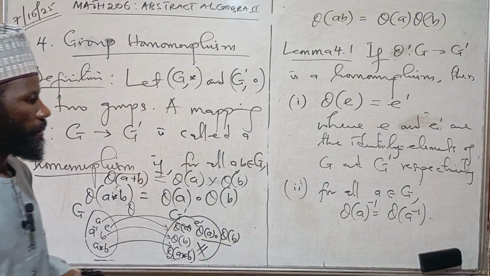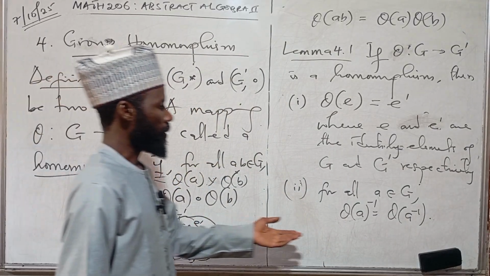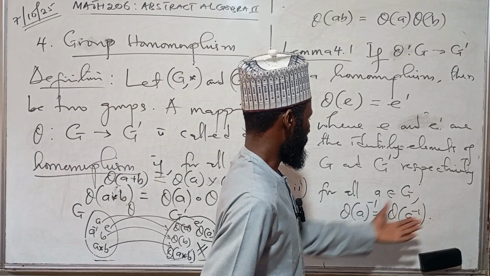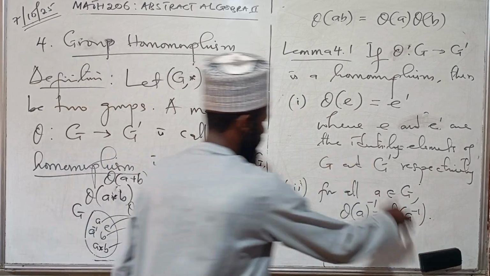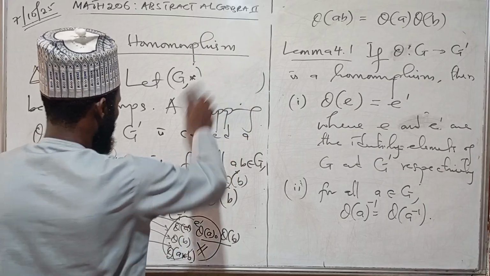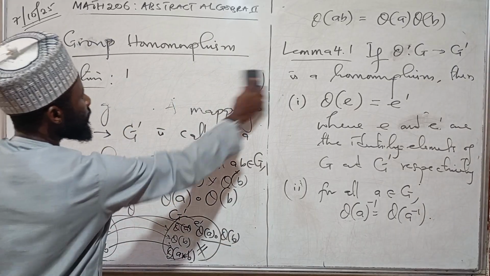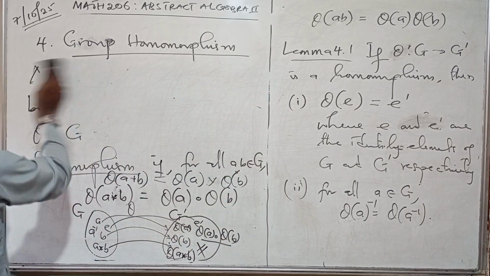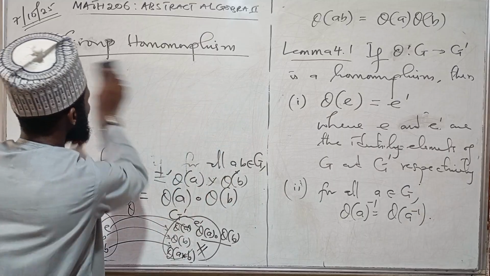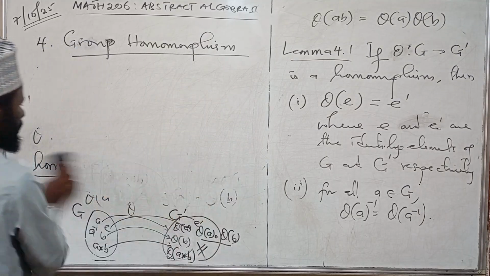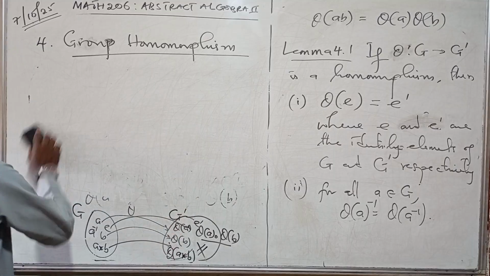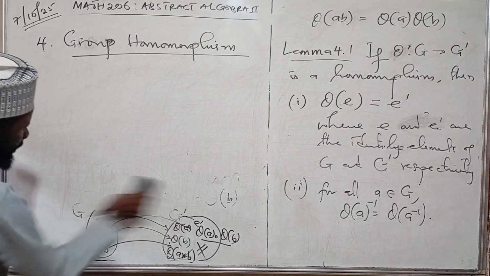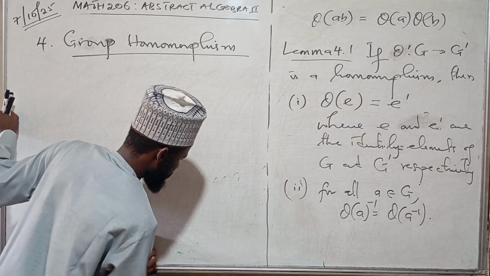That is, the inverse of an image is the image of the inverse. Okay, it's not difficult to prove using only this condition. So this condition will imply the preservation of the other conditions. So once the binary operation is preserved, identity will be preserved, and inverses will also be preserved by the homomorphism.